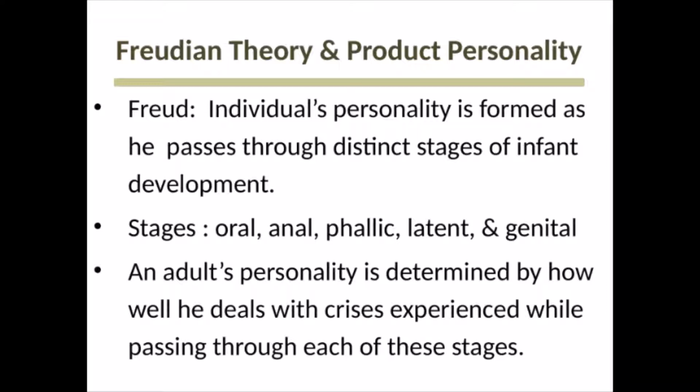He named them after some areas of the body. If you take a look at the names of the stages, you will see names with a sexual meaning: oral, anal, phallic, latent, and genital.